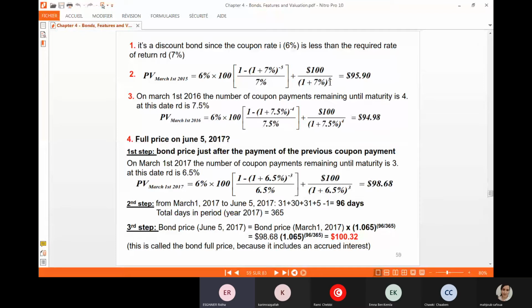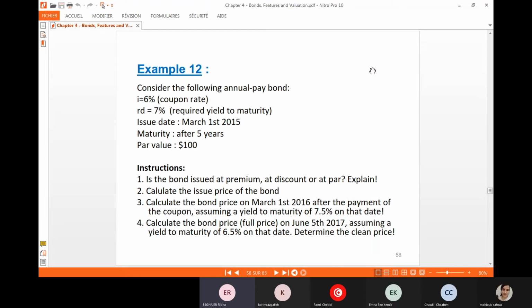You get the value of the bond, $95.9, and this confirms the fact that this bond is issued at a discount, since its value is less than its par value. Then, in the third question, we're asked to calculate the bond price on March 1st, 2016.